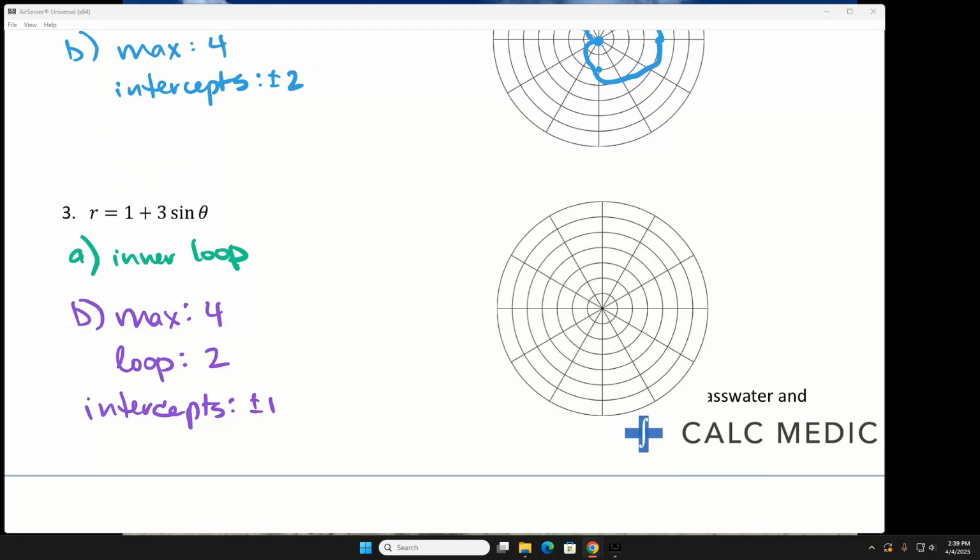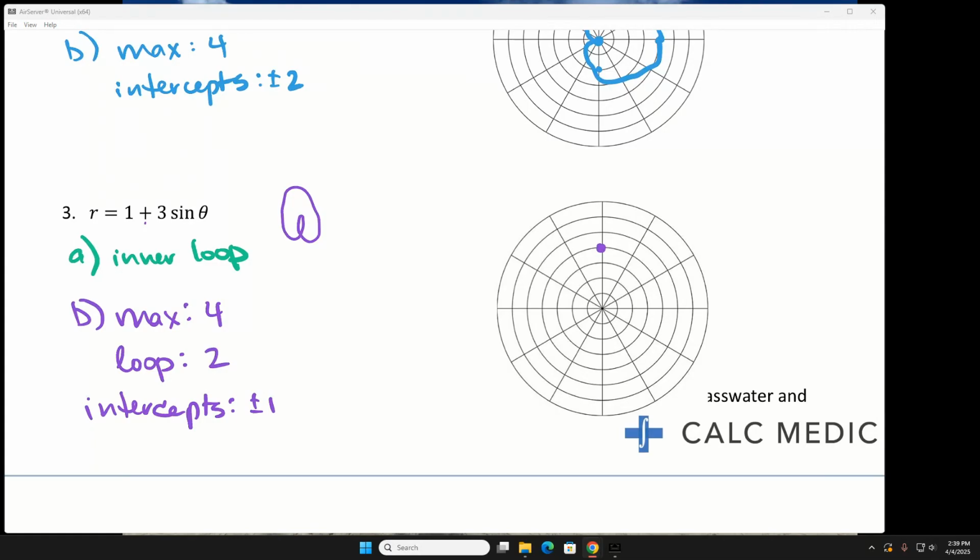All right, so this one is a sine Limacon, and so we're going to have a vertical Limacon, and since it's a positive here, it's going to go taller. So we'll have like a loop. Oh, hold on. All right, so from the pole, we're going to go up 4.